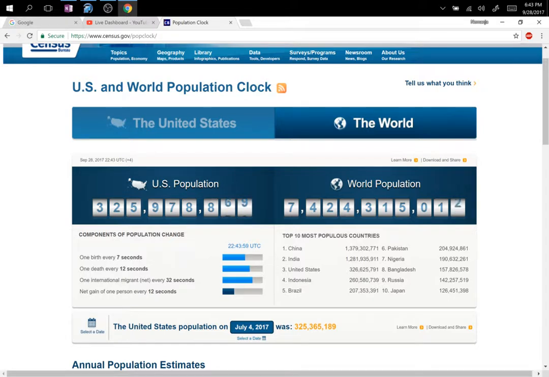That's the US: one birth every 7 seconds. The United States statistic has to do with us accepting a lot of people in immigration, in spite of what you hear in the media. We do allow a lot of people to come to this country, so that's not necessarily our indigenous population.